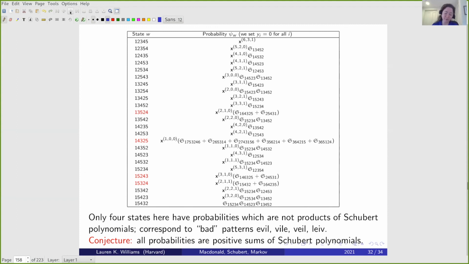Since Schubert polynomials represent cohomology classes of Schubert varieties in the complete flag variety, is it possible to define some family of subvarieties in the complete flag variety whose cohomology classes correspond to these steady state probabilities? So that's a wide open question.